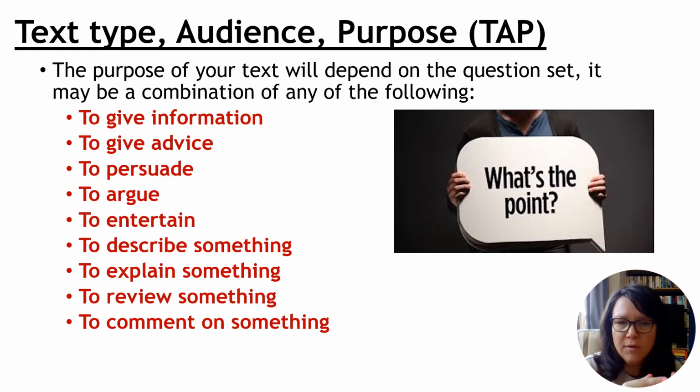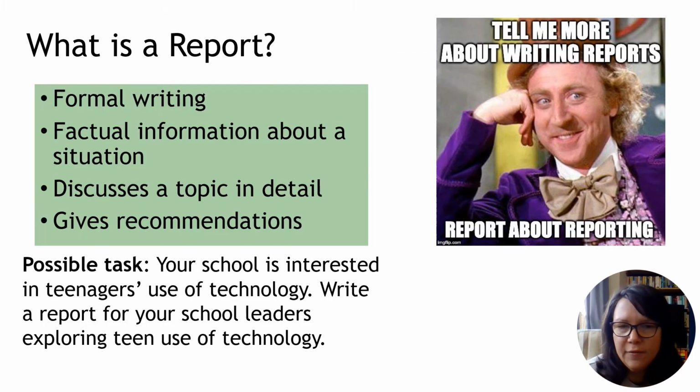Sometimes you're making an argument, the pros and cons, the fors and against of something. So being very clear on that purpose and having something prepared for what is the point of your text will really help you. All right, so over the next 10 minutes we're going to focus on the reports. A report then, so this is a very formal piece of writing that gives factual information about a situation.